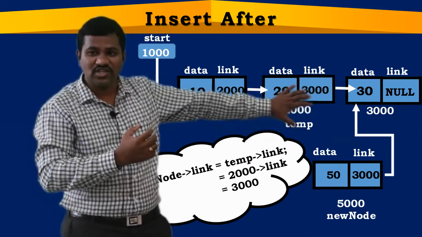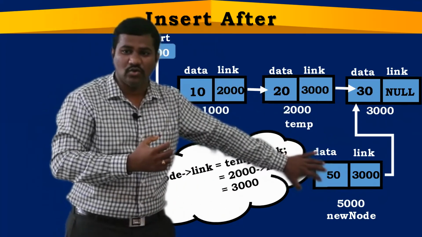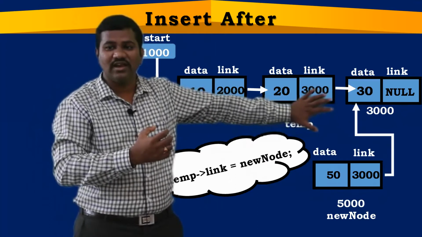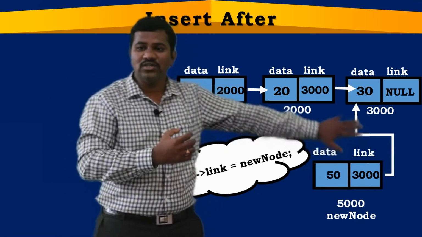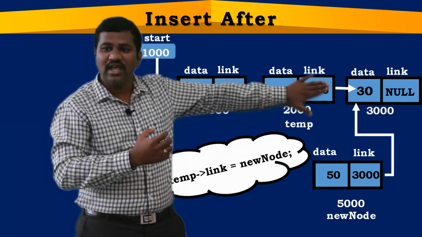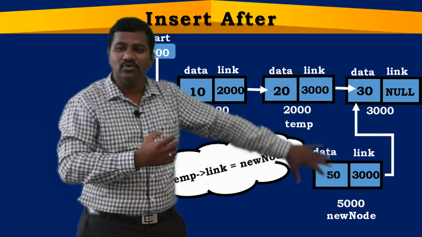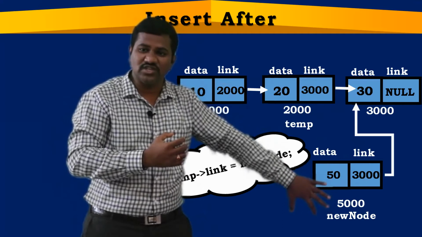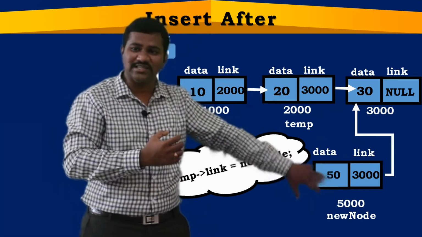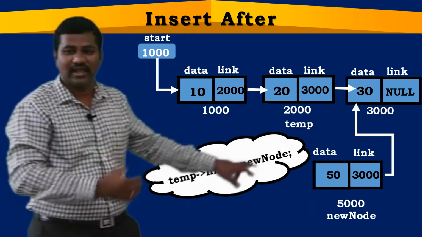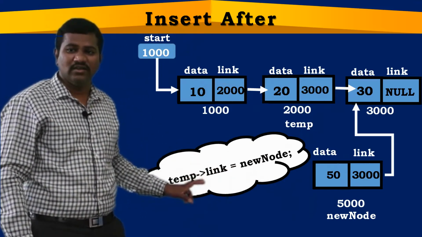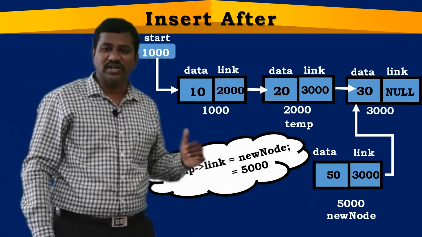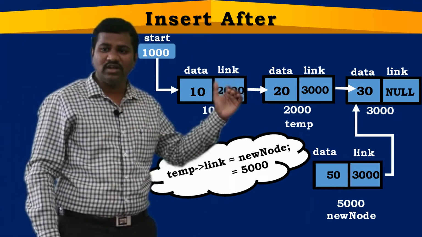Now what do we need to do? We need to establish a link from temp to what? New node. So already we have taken 3000 in the link part of the new node. So now we can remove this 3000 from here, and we can place the new node address, that is 5000. 5000 is stored in new node, and new node is assigned to what? Temp arrow link. So that a link will be established from temp to what?